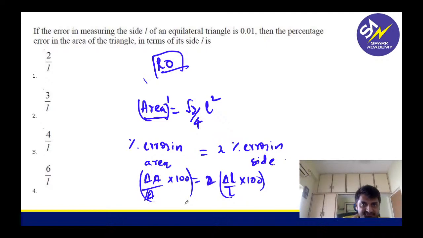Easy peasy, guys. So what is given here? Delta L is given as 0.01. So 2 by L is what we will get, right? Errors and approximations, easy, straight.